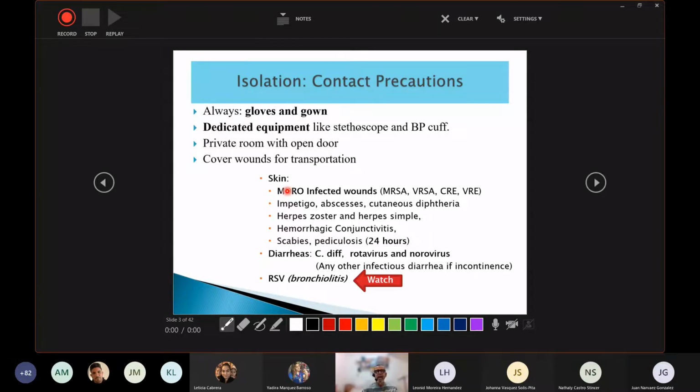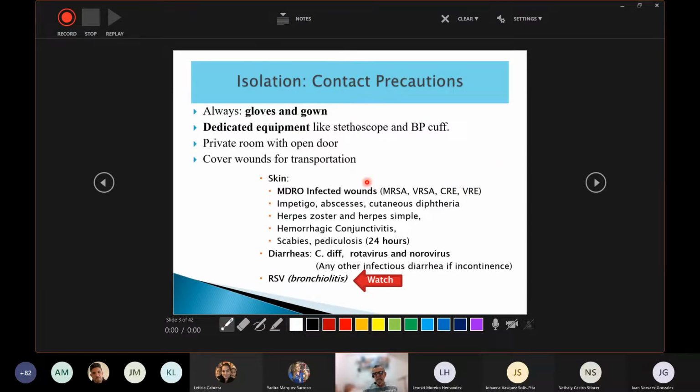And then I have what I call la sopa de letras. MRSA, VRSA, CRE, VRE. So any one of those bugs can be mentioned, represented with acronyms. Methicillin resistant Staphylococcus aureus, vancomycin resistant Staphylococcus aureus, carbapenem resistant Enterococcus, vancomycin resistant Enterococcus.